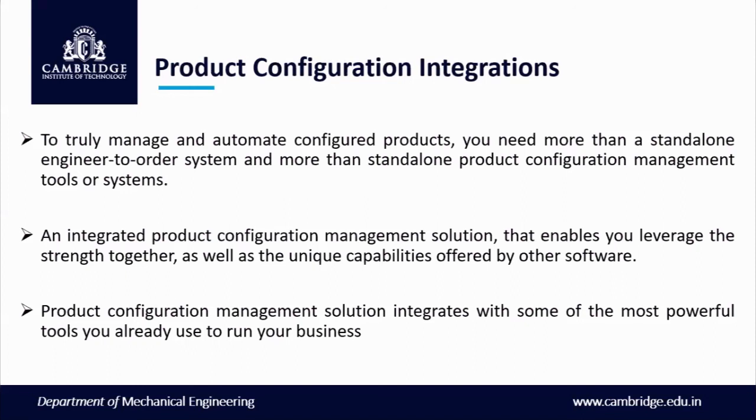Different configuration systems have different strengths and unique capabilities, different sets of software. The integrated product configuration solution brings these different strengths together, along with the capabilities offered by other software. Software is one part, and now every activity is taken care of by software, whether it is manufacturing, design, or the virtual product.